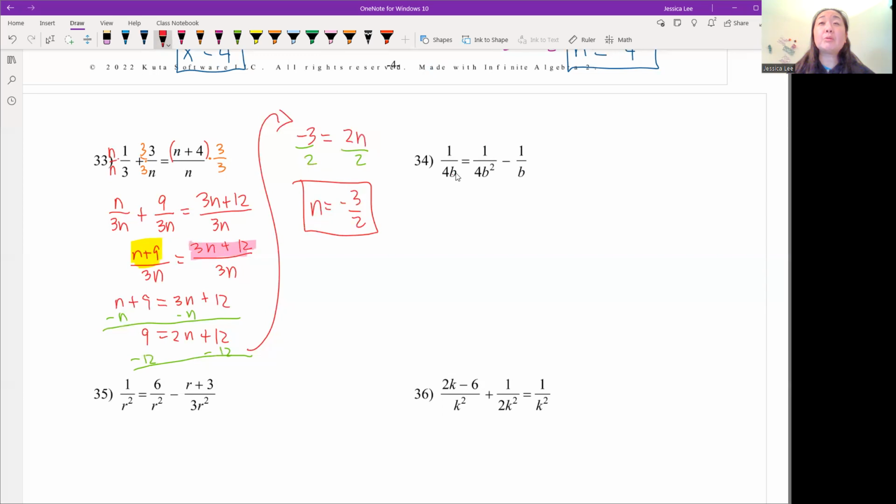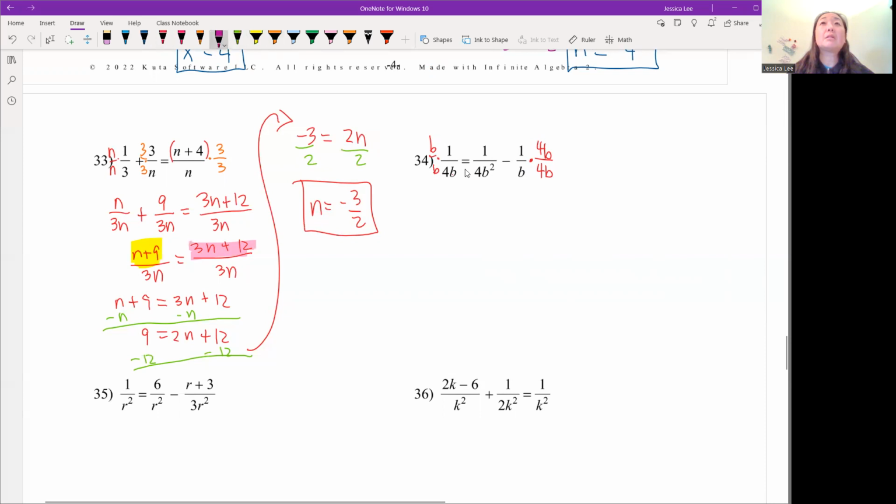So this one has a 4 and a b. It doesn't have another b, right? So let's multiply this by b over b. This one has everything that we need, 4 and a b squared, so we're good. And this one only has a b, so we need a 4 as well as a b. We're going to multiply the top and bottom by 4b. Now let's multiply this out.